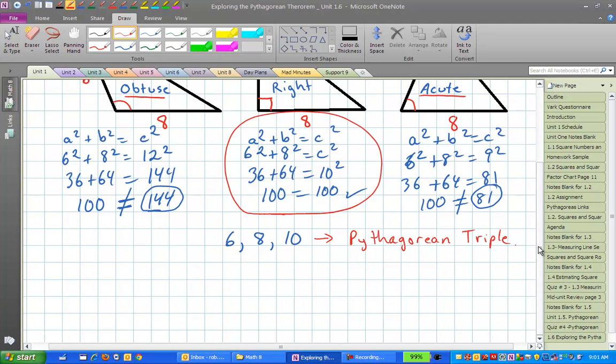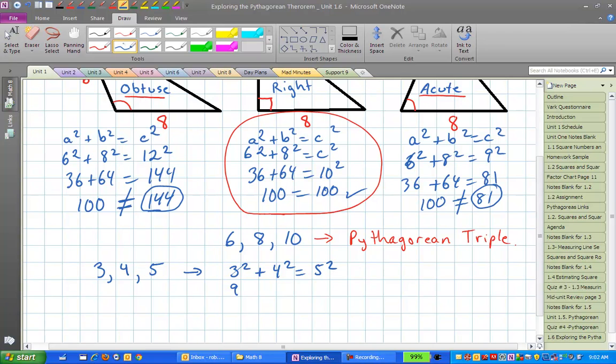Well, let's apply it to three other numbers. Let's try seeing if the Pythagorean triple works for 3, 4, and 5. To test this out, we simply go 3 squared plus 4 squared should equal 5 squared.